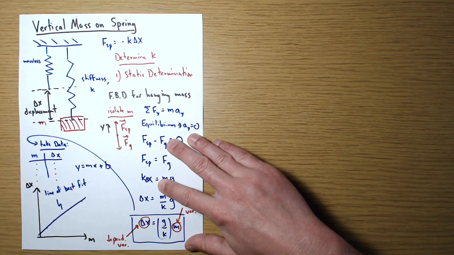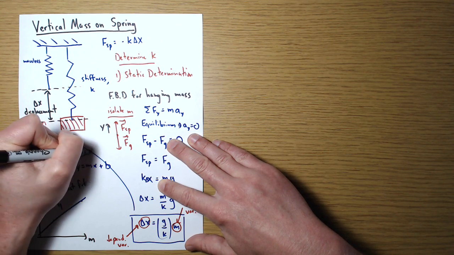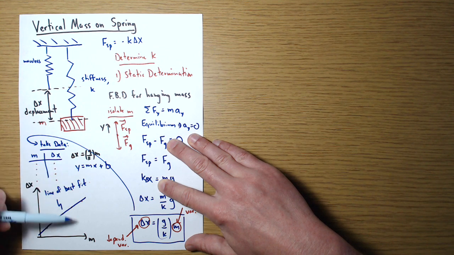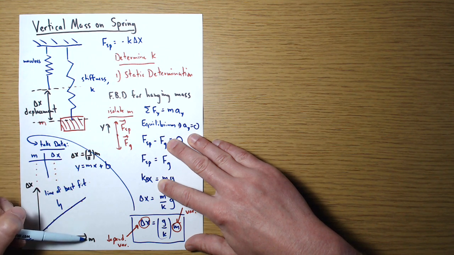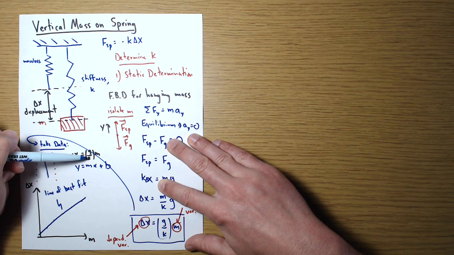And if I compare that with simply the equation that I'm plotting right here, which is delta x equals g over k times m, what we see is that my y is my delta x, my x-axis is m, and whatever multiplies the x is my slope.